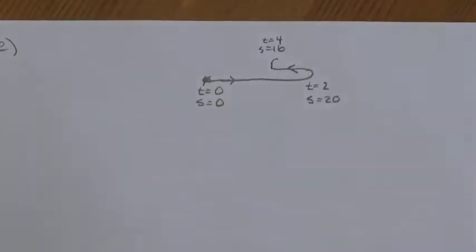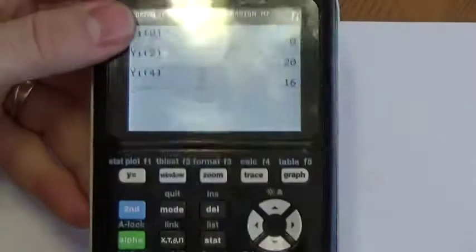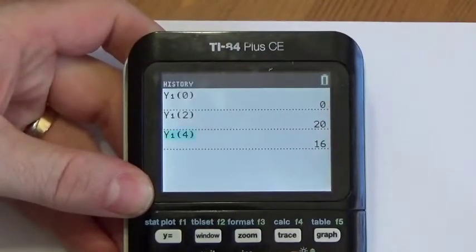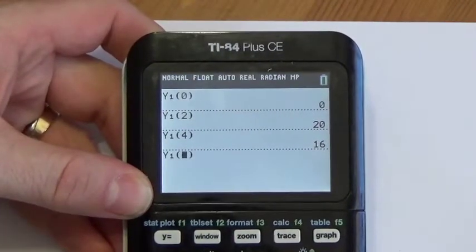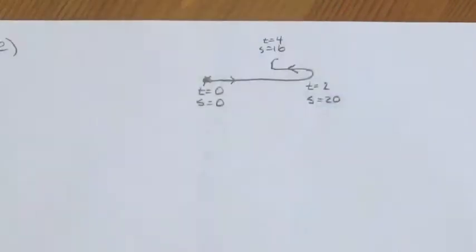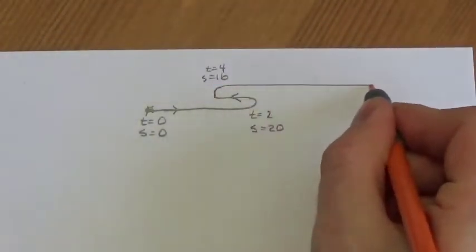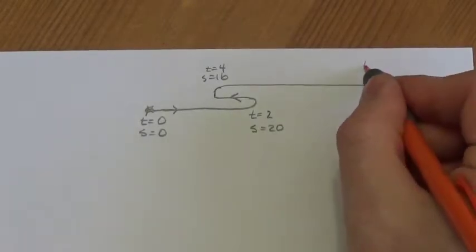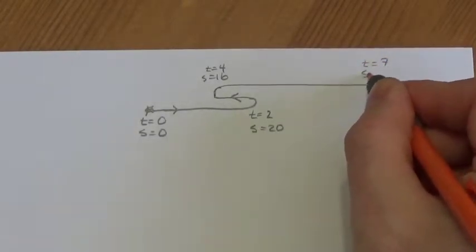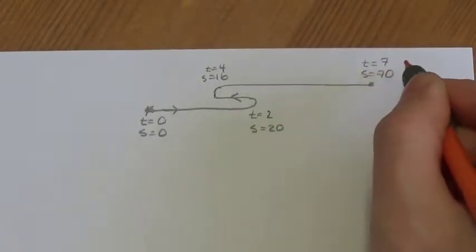Now, in this particular case here, we were asked to draw this out up to 7 seconds. So I've got to figure out, well, what's the displacement at 7 seconds? So let's go back up here, and I'll put in a 7 in there. 70. Okay, so it goes quite a ways out here. So my scale is going to be a little bit off, but you get the idea. So it's going to go out to here. And so at 7 seconds, my displacement is going to equal 70.